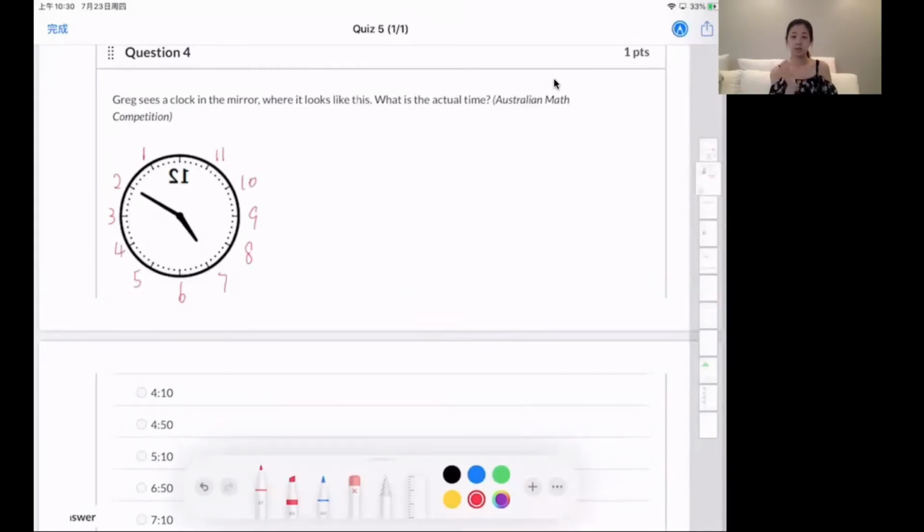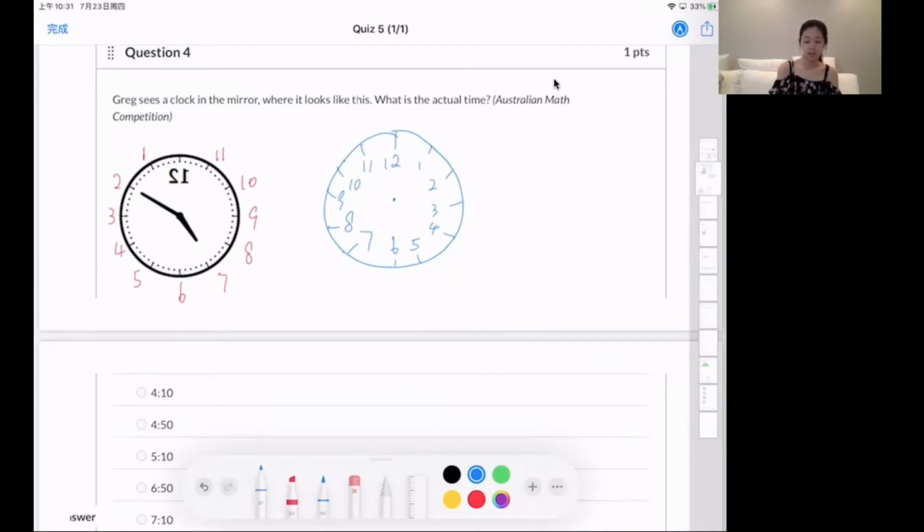Since it's opposite, this is the regular clock.